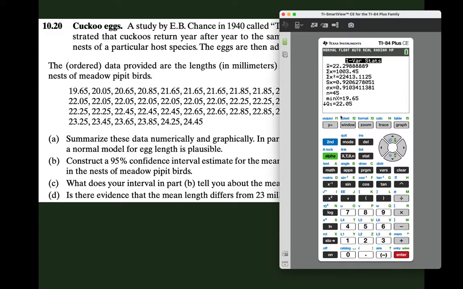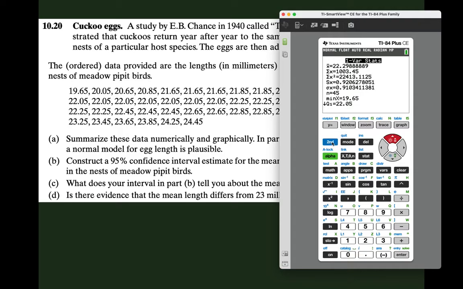So the sample standard deviation is about 0.92. And what we're really interested in here is the median. The median is about 22.25. The mean is about 22.29. So those are very close together, which indicates that there's no evidence here that the distribution would be skewed.